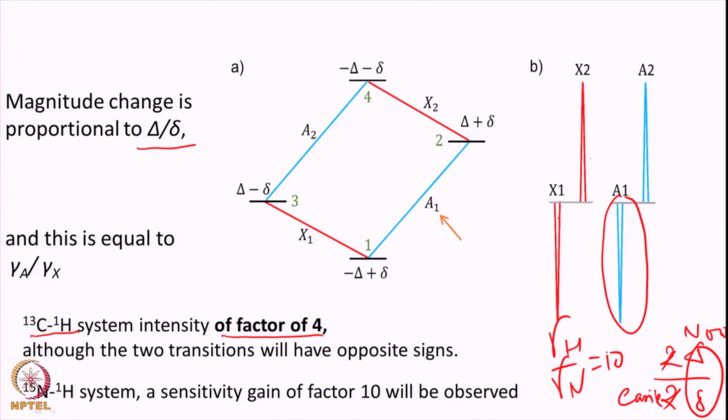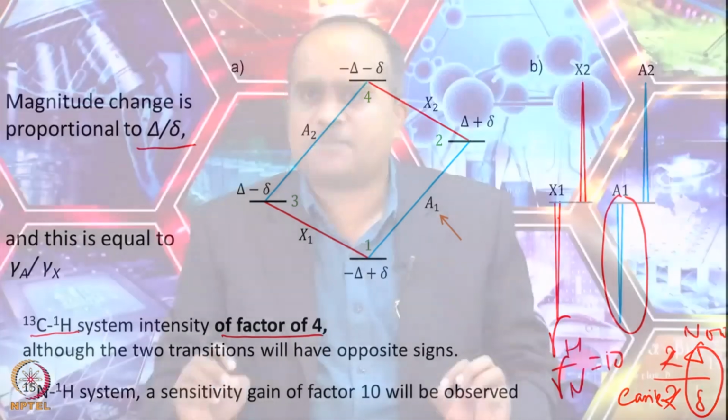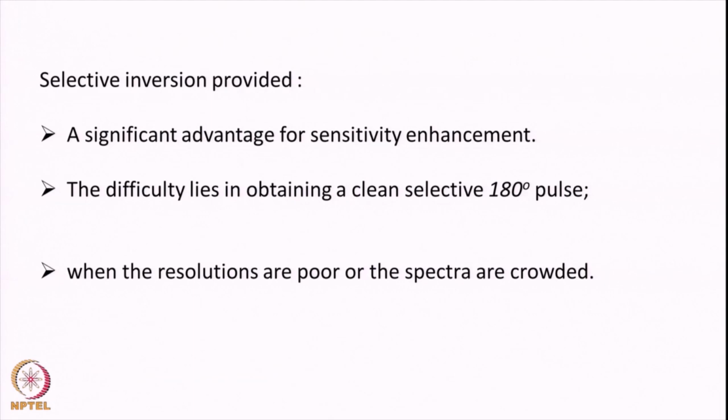This is huge. By perturbing A spin we are getting enhancement for X spin, 4 times for a CH system and 10 times for an NH system. So, selective inversion provided us a significant advantage for sensitivity enhancement.